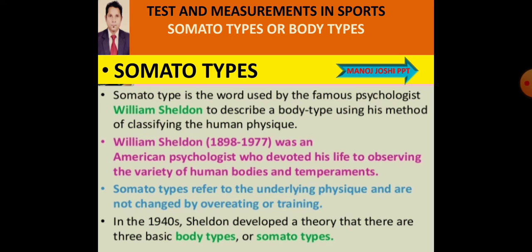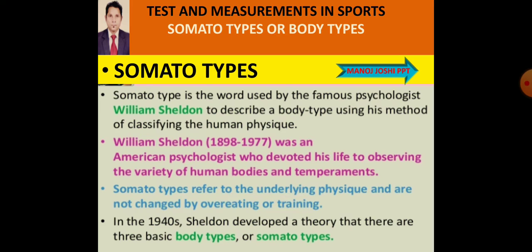William Sheldon, 1898 to 1977, was an American psychologist who devoted his life to observing the variety of human bodies and temperaments. Somatotype refers to the underlying physique and is not changed by overeating or training.